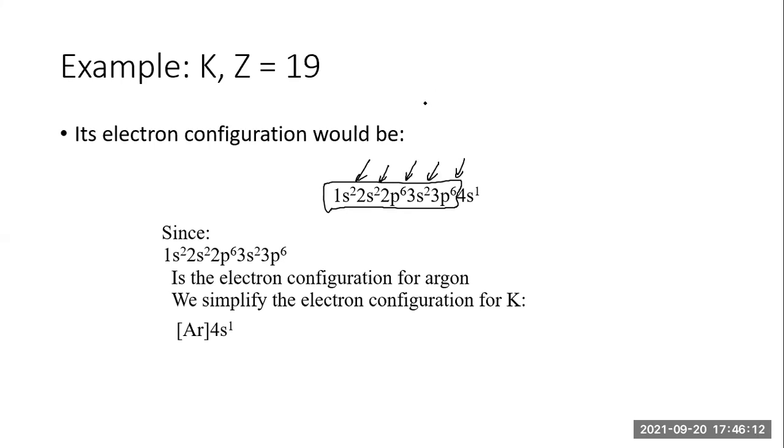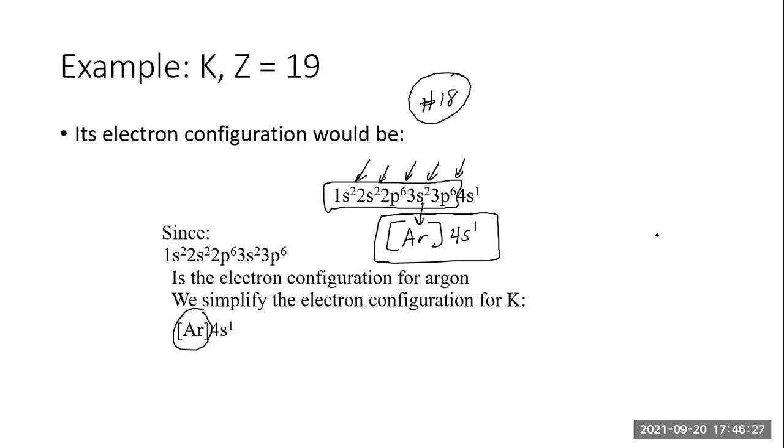And if you go to number 18 on the periodic table, that is argon. So on this one, we could shorthand it by taking argon, which would imply that part of the configuration, and then continue on for potassium. So it doesn't always have to be neon, but it is always the noble gas that comes right before the element you are writing the electron configuration for. Okay, all right. Thank you.